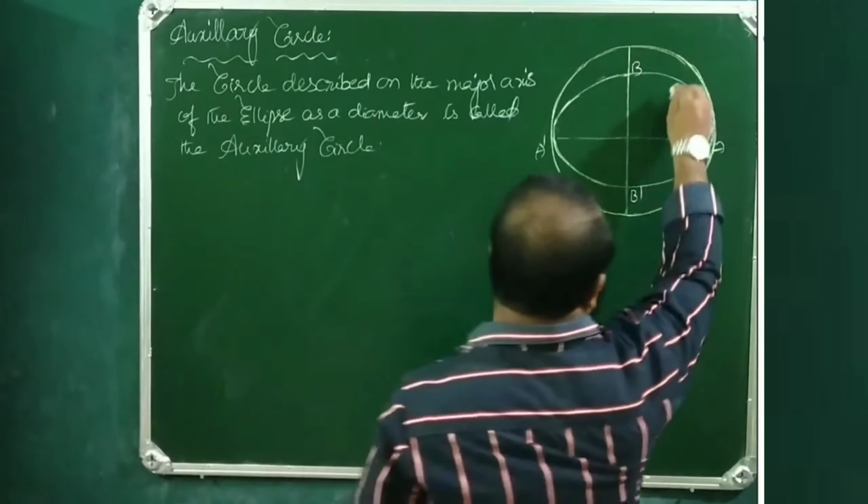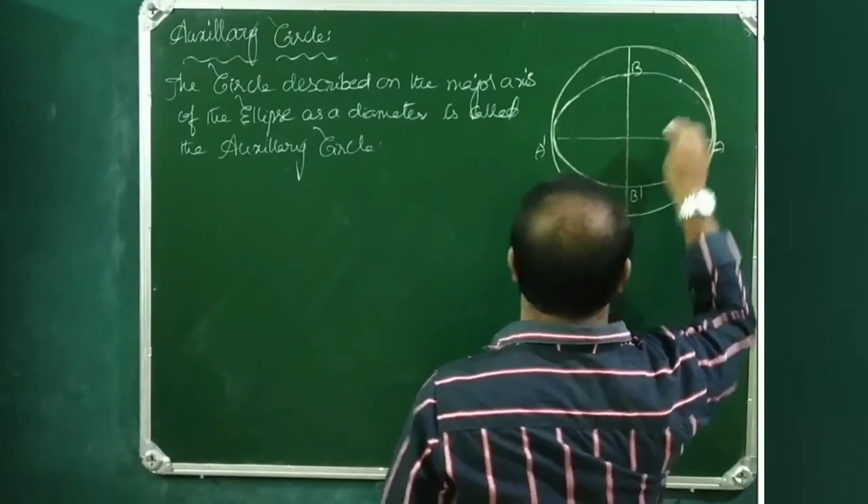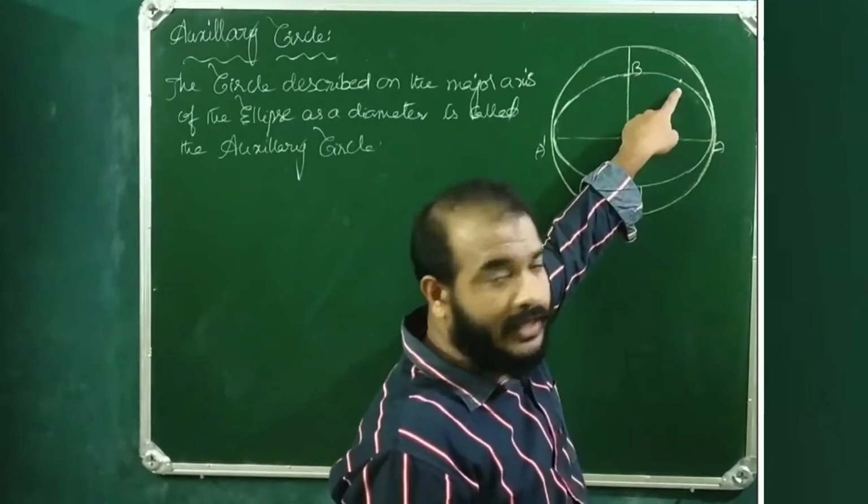Now let us take P to be any point on the ellipse.